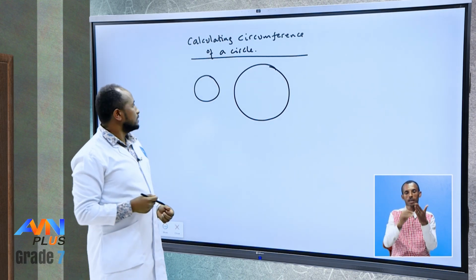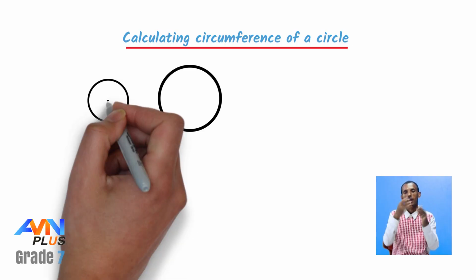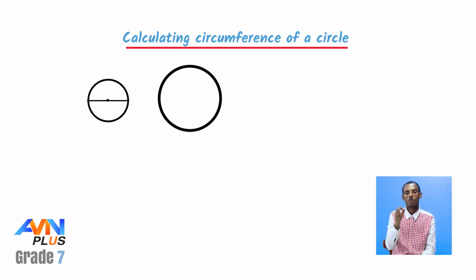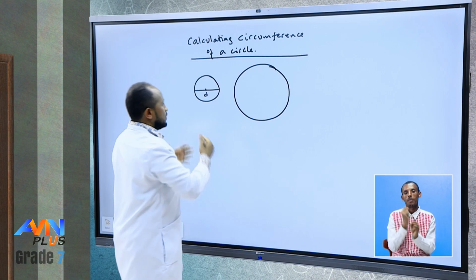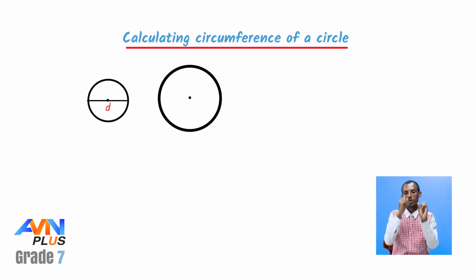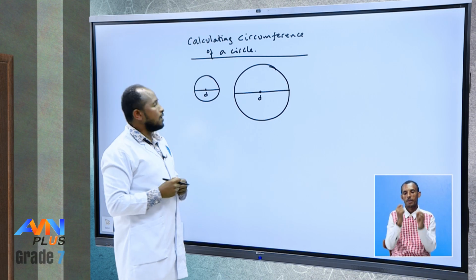Look here, first measure the diameter of this circle made of a string or a rope. Again, you can measure the diameter of these circles made of rope. You can try this activity in your home.